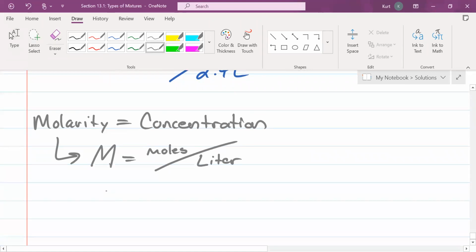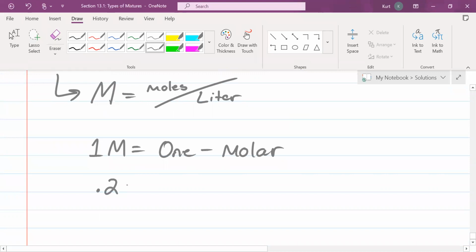For instance, if I had a measurement of 1 molar, we would say the words 1 molar. That's how you say the actual unit of measurement. You don't say 1 molarity, you say 1 molar. If I had 0.2 M, it would be 0.2 molar. That's how you actually say it.